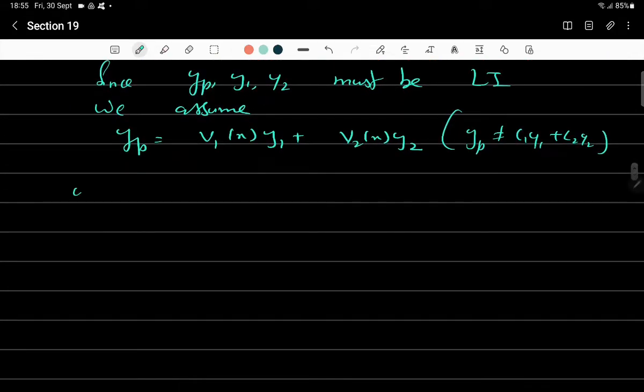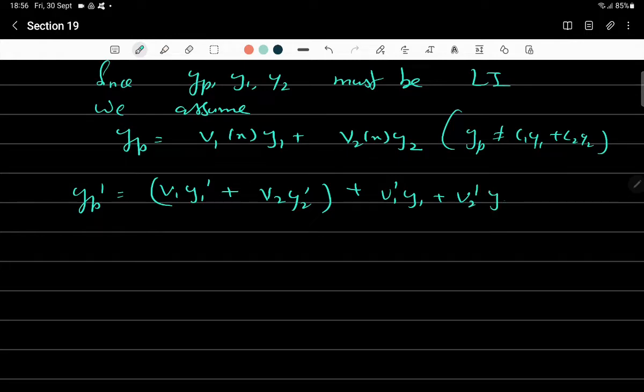So my yp dash is v1 y1 dash plus v2 y2 dash plus v1 dash y1 plus v2 dash y2.